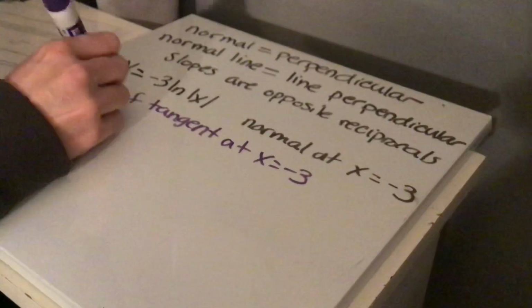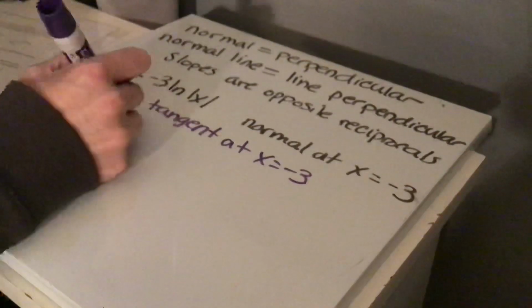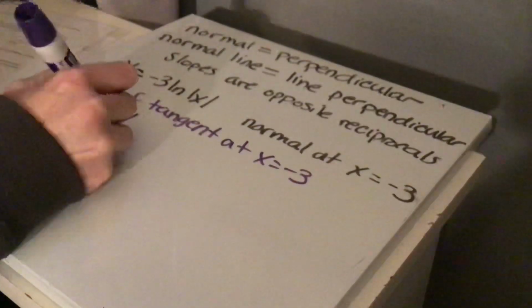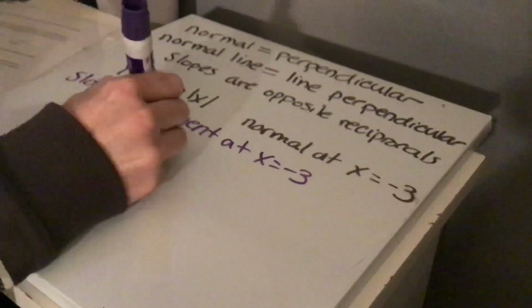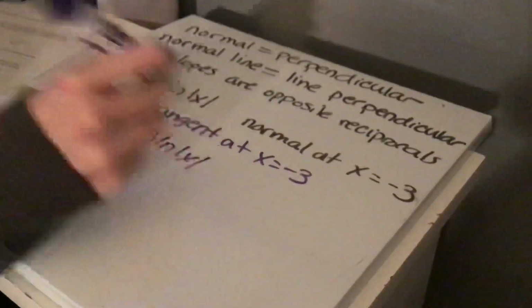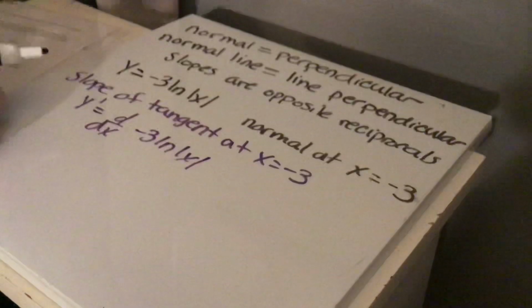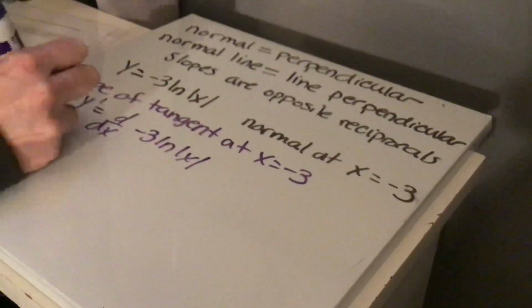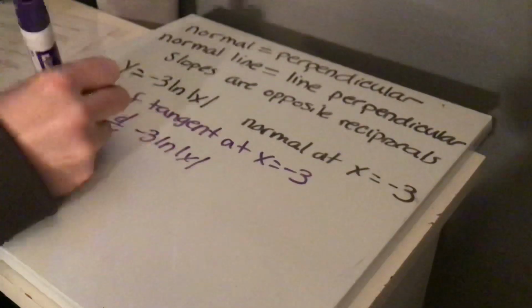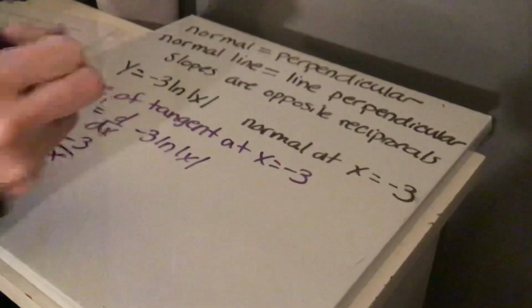So we're going to find y prime. Take the derivative with respect to x of -3 times the natural log of x. The -3 comes out. The derivative of natural log is 1 over x. So we get -3 over x.